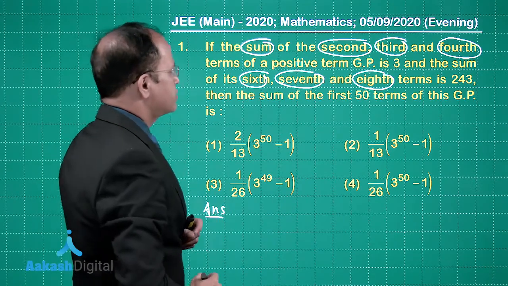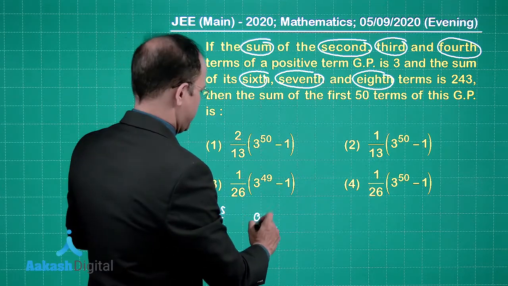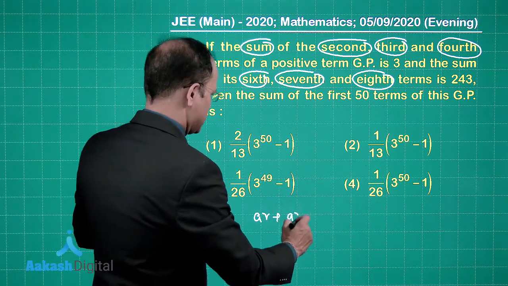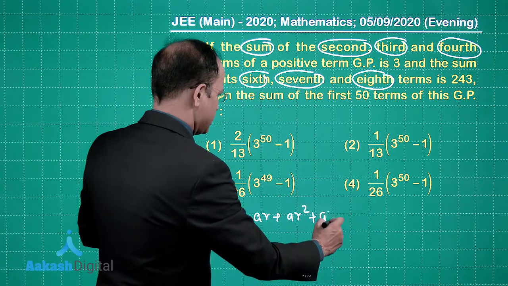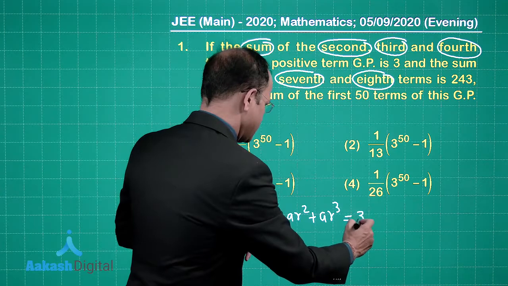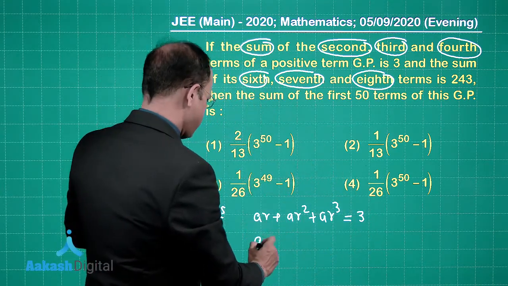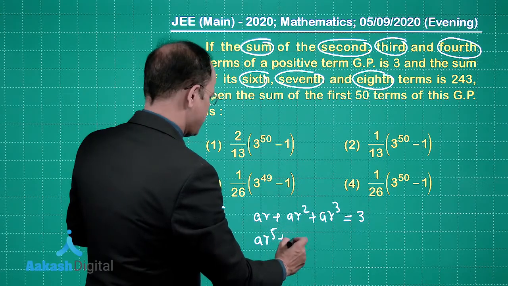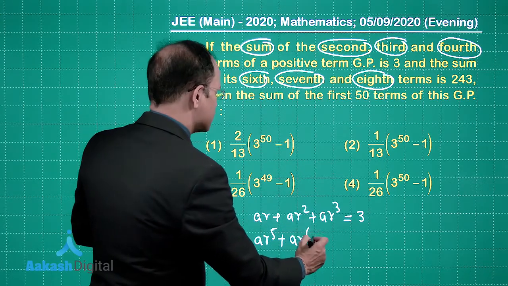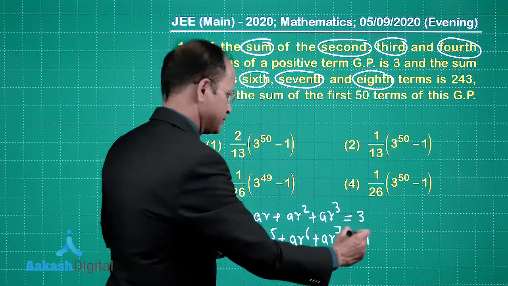The first thing is we have ar plus ar square plus ar cube is equal to 3, right? And also you have been given the 6th, so that means ar^5, then we have ar^6, then we have ar^7 is equal to 243.